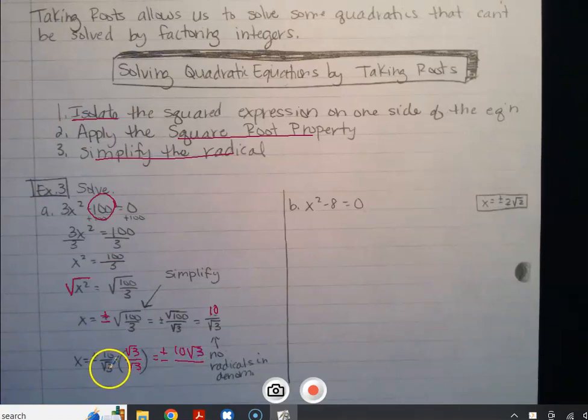And what's the square root of 3 times the square root of 3? It's just 3. We can think about it as the square root of 3 times 3, but since there's 2 of them, that means there's just 3. So now it's simplified. It's positive 10 times the square root of 3 divided by 3 and a negative 10 times the square root of 3 divided by 3.